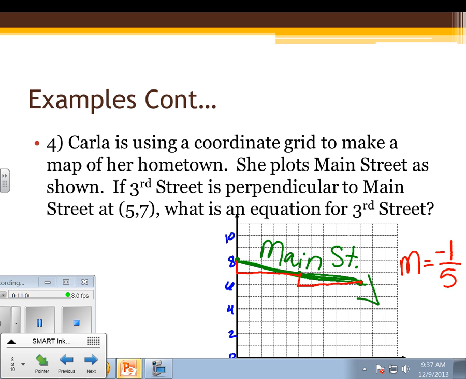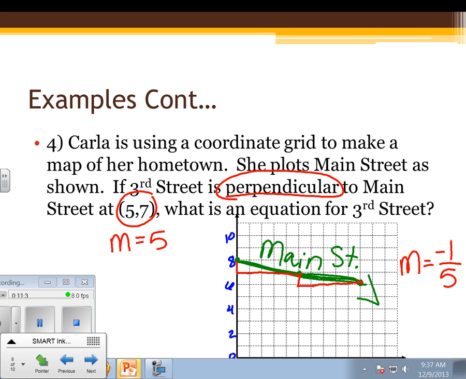That's Main Street, and 3rd Street is perpendicular to Main Street at this point. So we need a perpendicular line to Main Street at that point. The opposite reciprocal of negative 1/5: flip it, you have 5 over 1, and the opposite would be positive.